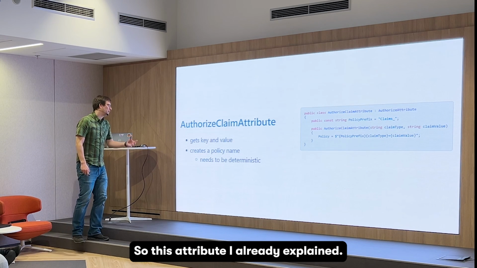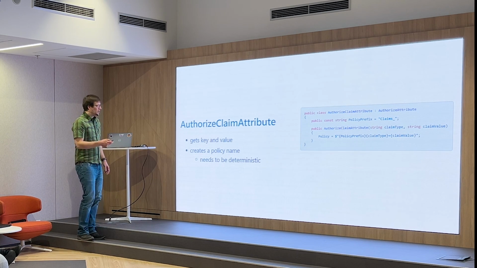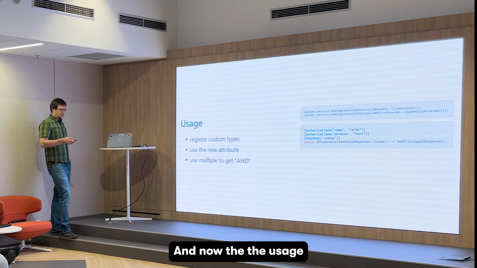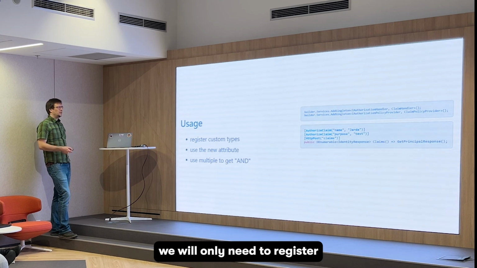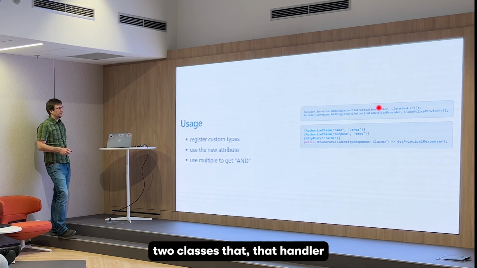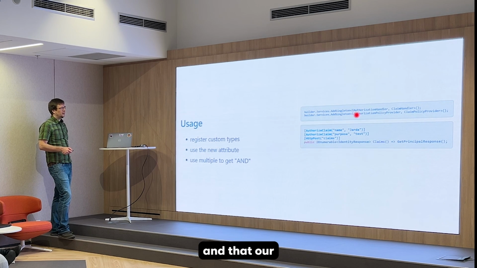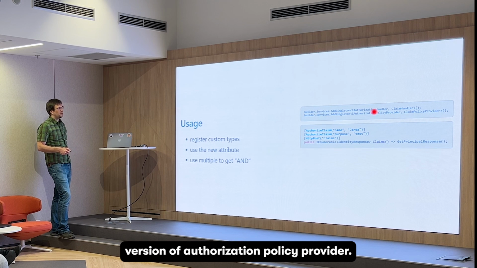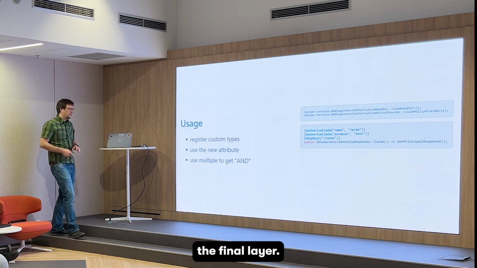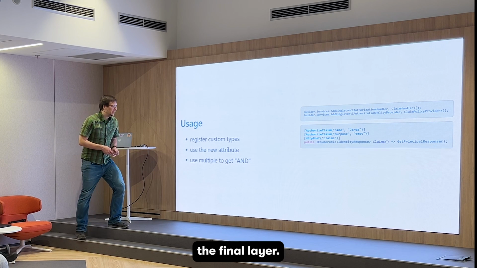So this attribute I already explained. And now the usage. We will only need to register two classes, that handler and our version of the authorization policy provider. Of course, this is a simple case where we are the final layer.